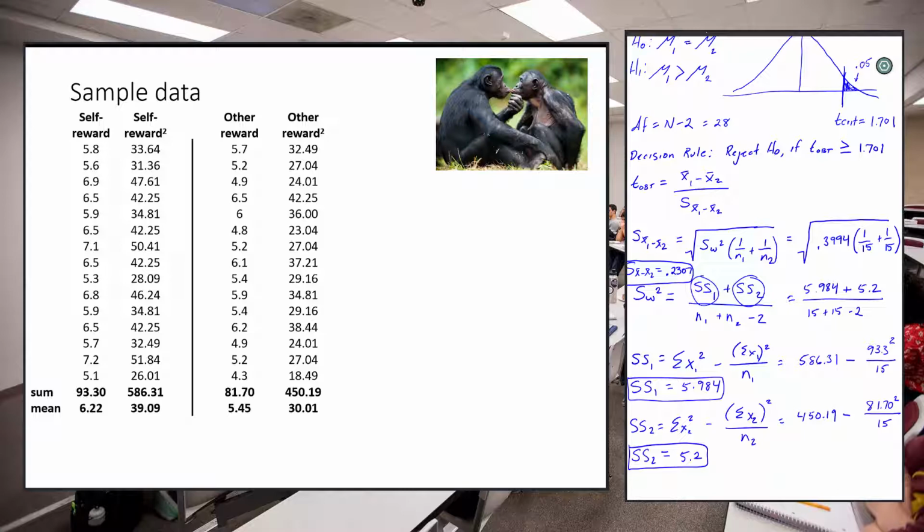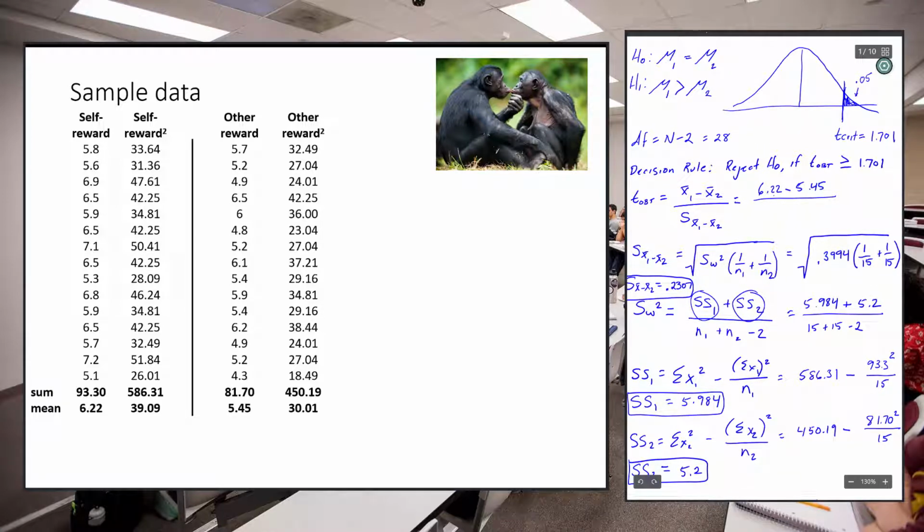So we come back up to our t, and we report the mean of sample 1, which is 6.22, minus 5.45, divided by our standard error of the difference between means, which is 0.2307.